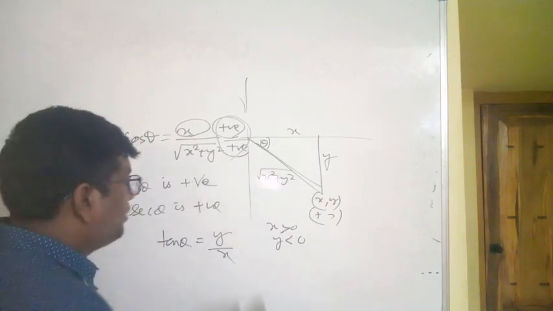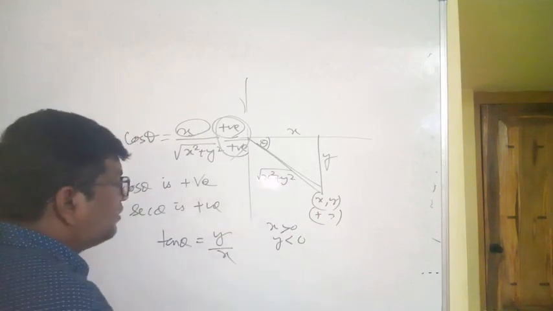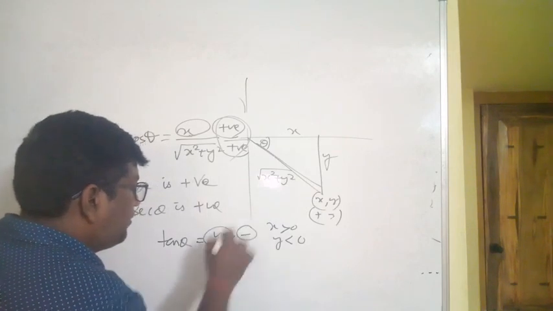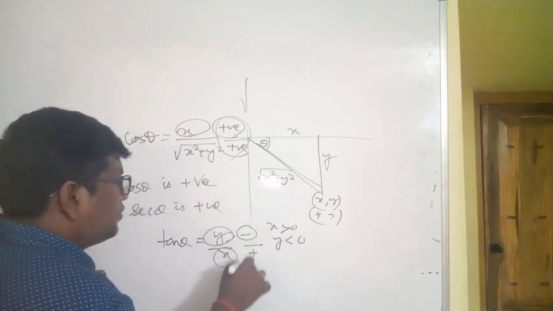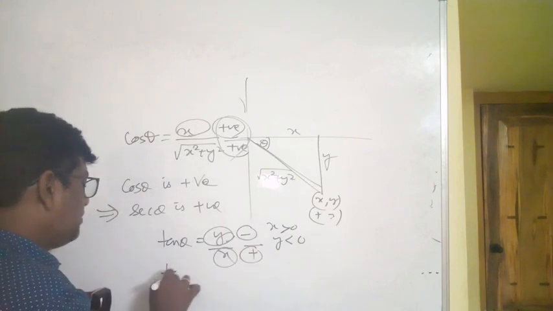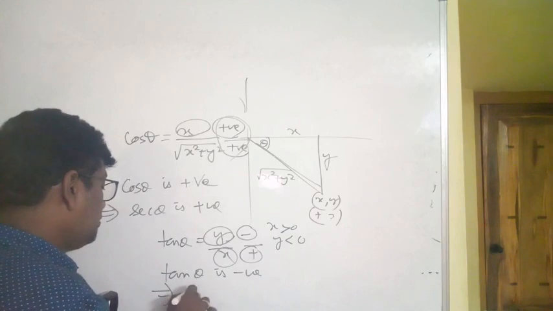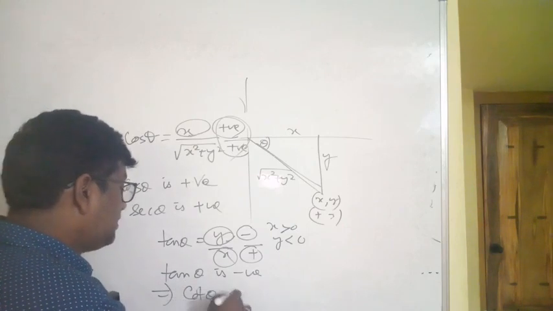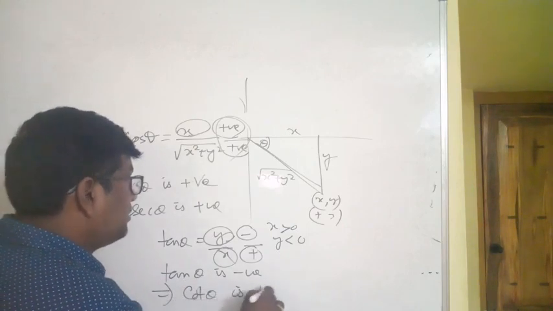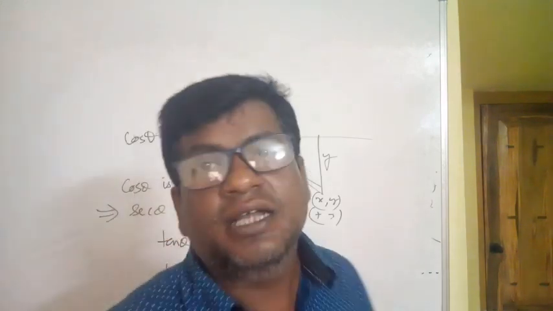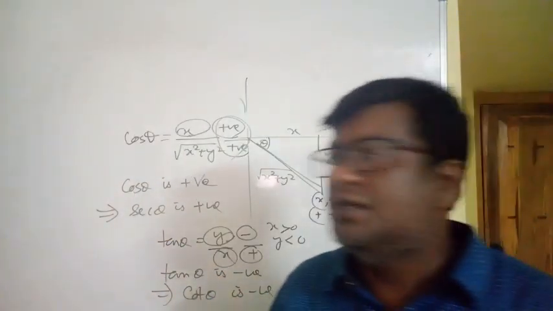Y is negative here, and this is positive. So negative by positive is negative. Tan theta is negative, which implies cot theta is negative. That is, in the fourth quadrant only cos theta and sec theta are positive and others are negative.